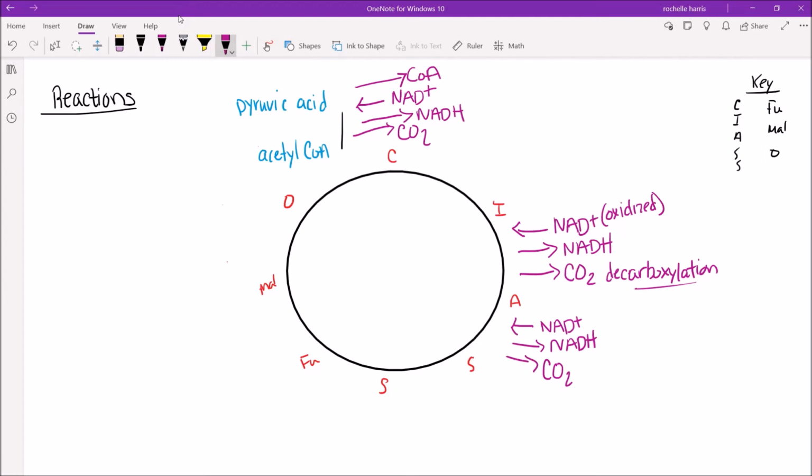We also see coenzyme A coming into the cycle at this point. So CoA comes in, and that's where we get succinyl-CoA.